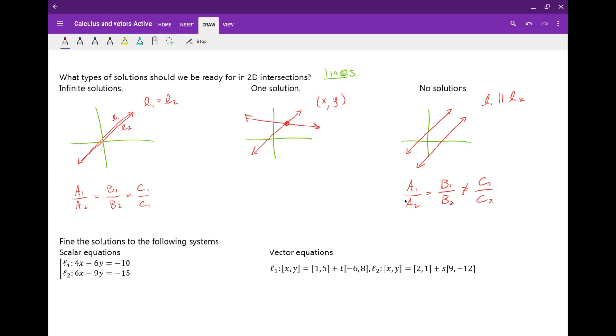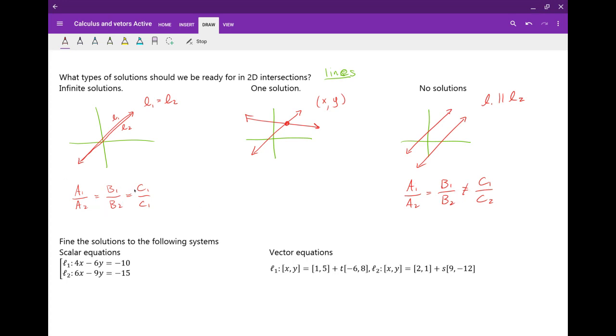But if the ratio of their C values is not equal, then one has been pushed a certain distance and the other has been pushed a different distance, effectively making them not equal lines, but parallel lines.